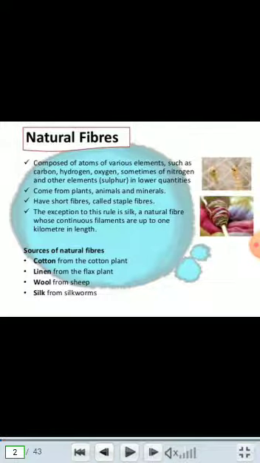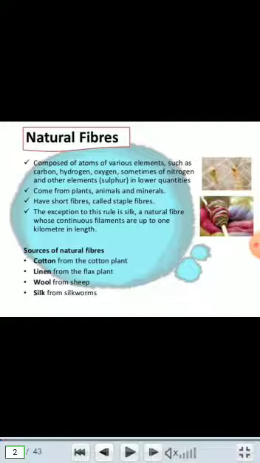First of all, we will be discussing natural fibers. In short, natural fibers are the fibers which are obtained naturally. They are composed of atoms of various elements such as carbon, hydrogen, oxygen, sometimes nitrogen and other elements in lower quantities. They come from plants, animals, and minerals and have short fibers called staple fibers.